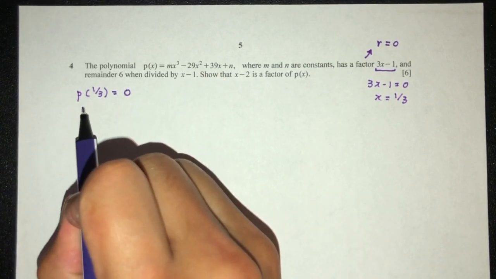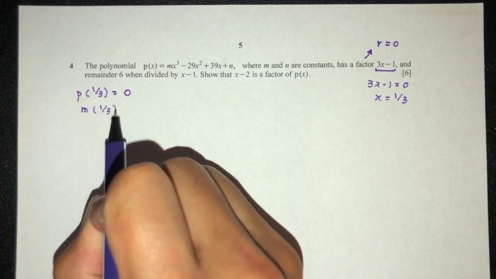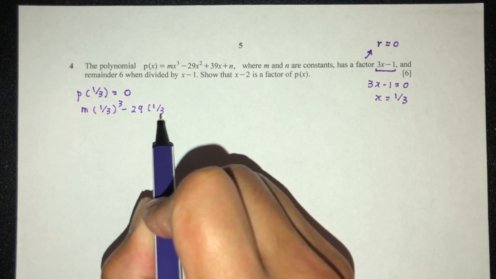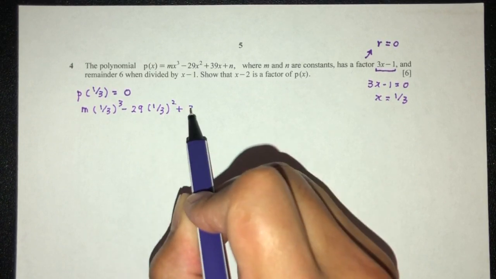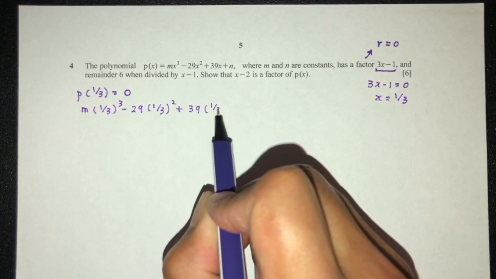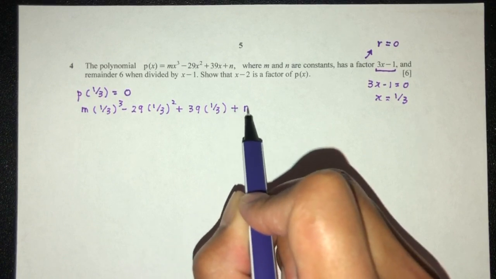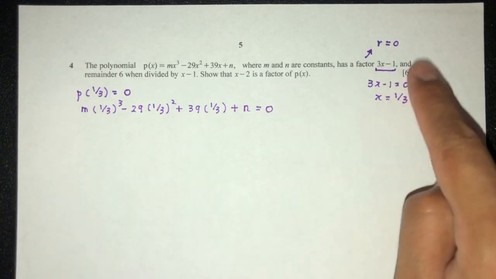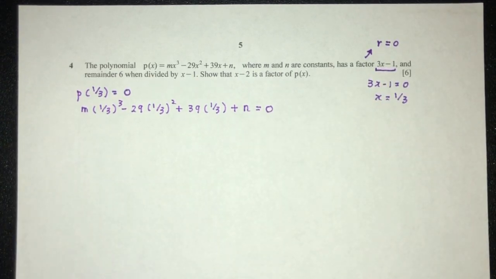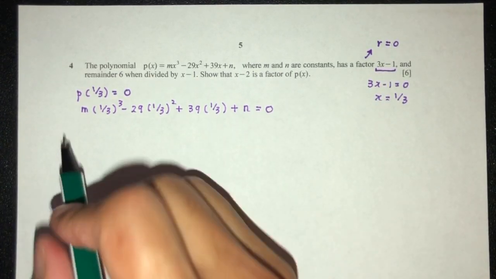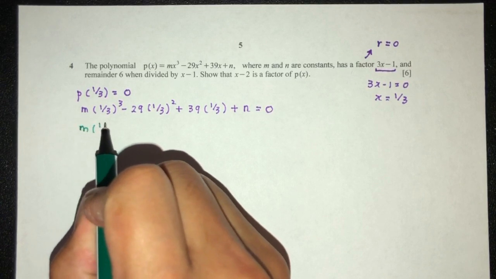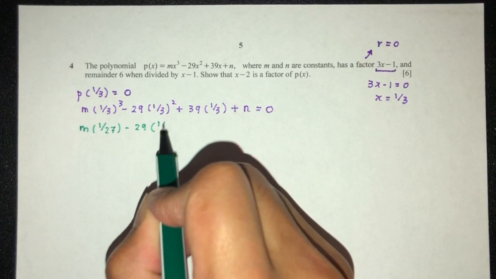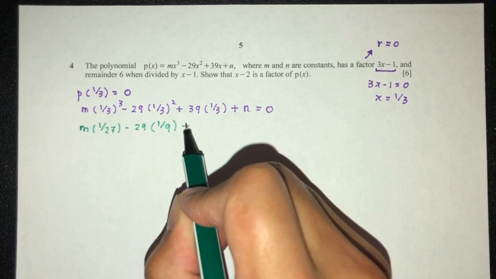So you have m, 1 over 3 cubed, minus 29, that will be 1 over 3 squared, plus 39, 1 over 3, plus n, and have to give me 0 because it is a factor, which means remainder will be 0. Now simplify, let's see what equation we can form with this. That will be m, 1 over 27 minus 29, 1 over 9, plus 13.